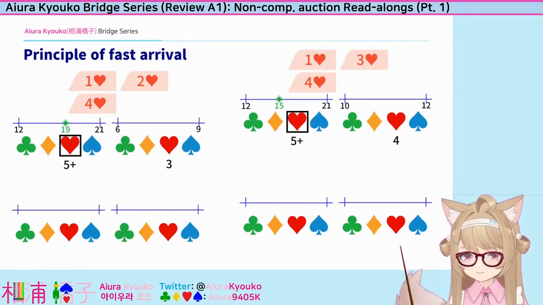Now this time, raising to 4 hearts shows minimum range or even 15 through 21.